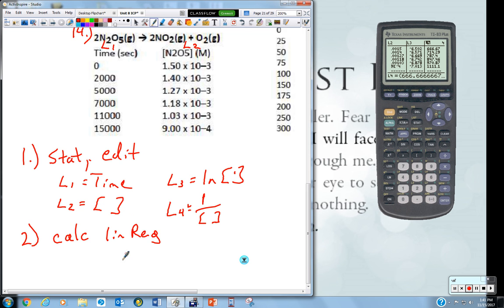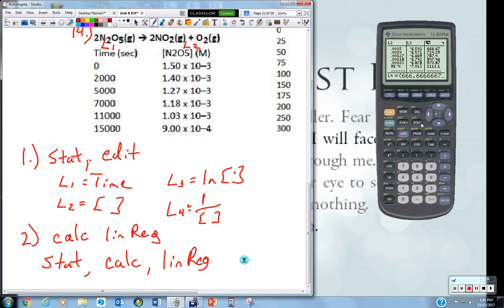And in order to do that, you need to go to Stat, Calc, and then you're going to select linreg. Now I don't know which operating system mine has, so this does it a little different for different ones.